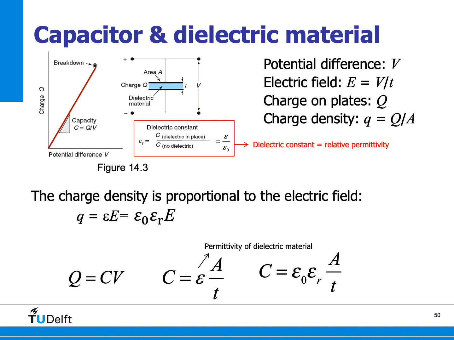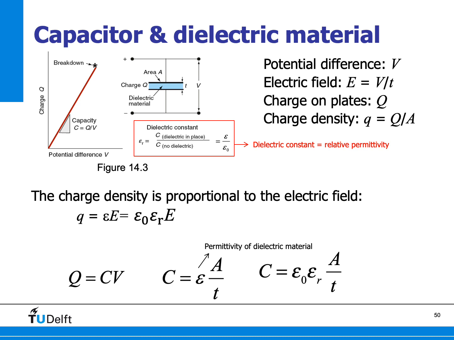So we're now going to look into the situation where a dielectric material is placed in between the plates, and we apply a voltage difference again over these plates, and we measure the same kind of curve when we plot the charge against the potential difference.